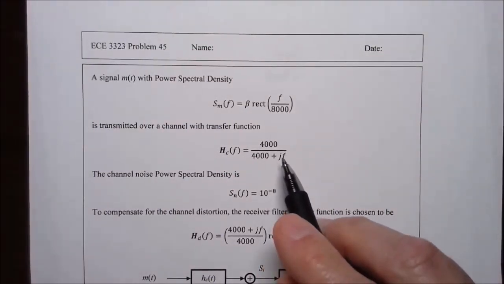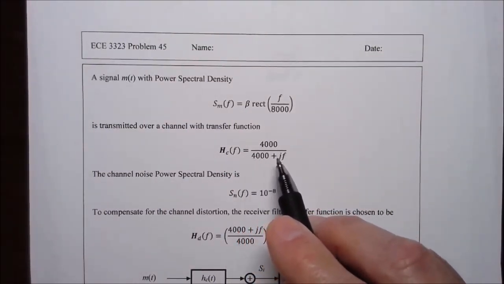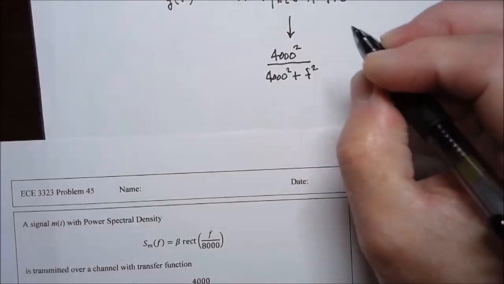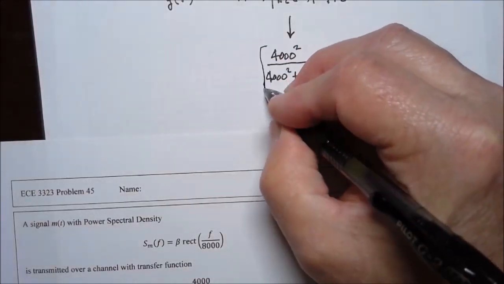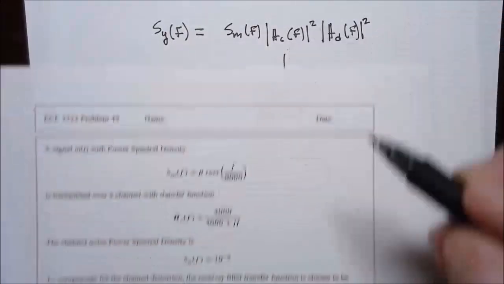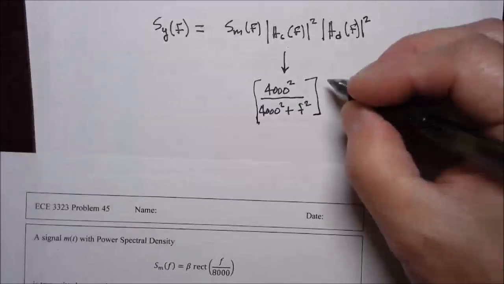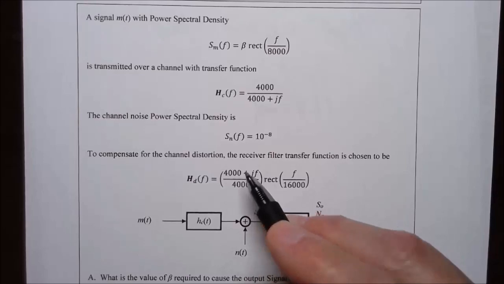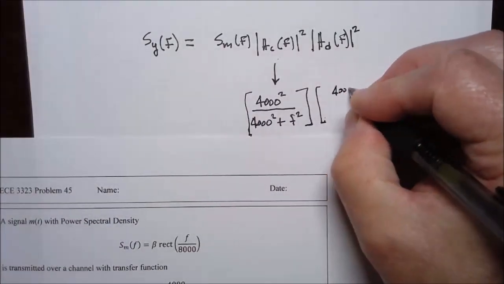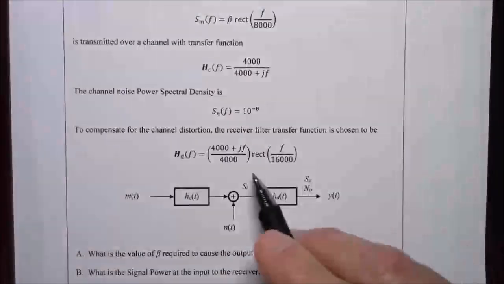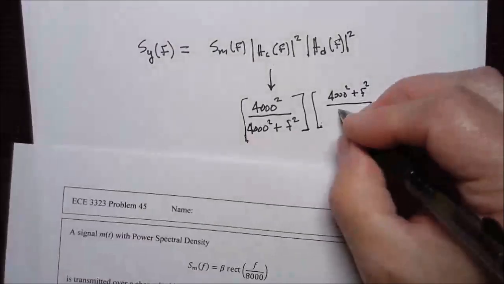Now the imaginary part is simply f. We have the real part plus j times the imaginary part. It's not j times f, it's simply f. So this is f squared. So this is the magnitude squared of this transfer function. And then we take the magnitude squared of the second transfer function. We've got the magnitude squared of this numerator, which is going to be the real part squared plus the imaginary part squared, divided by the denominator magnitude squared.